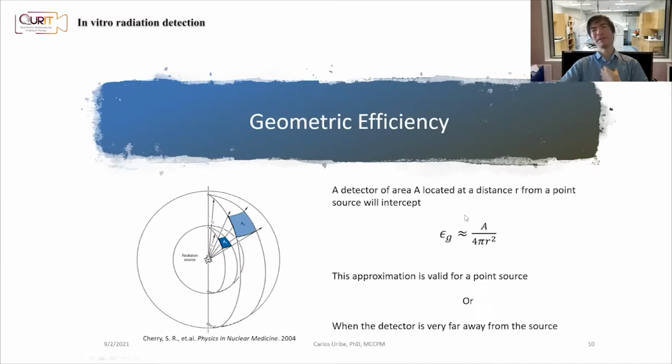The total surface area of that sphere is given by 4 pi r squared, so the fraction of the sphere that my detector is intercepting is A over the total area of the sphere. Now, this is a good approximation for a point source, or when your detector is very, very far away from the source. When that happens, the source just basically looks like a point.